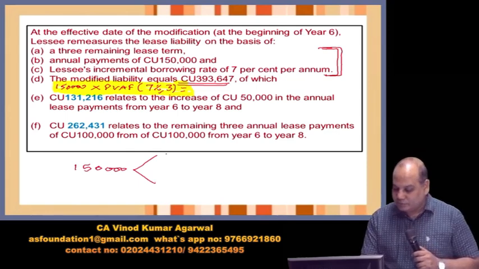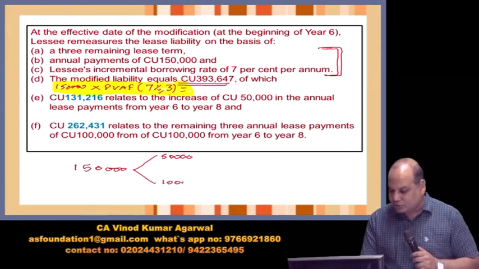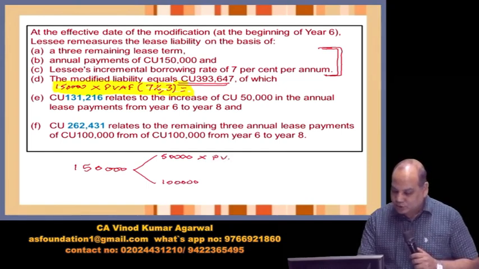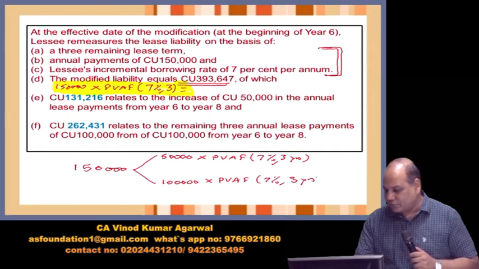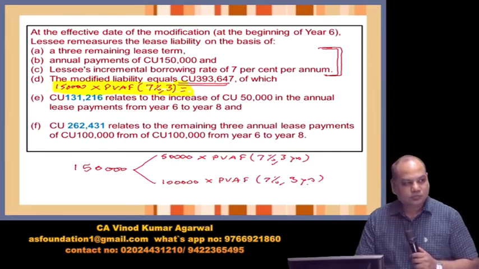One part is 50,000 increase in the scope, and the second part is for decrease in the scope, 1 lakh. This 50,000 into PV annuity factor 7%, 3 years, and this 1 lakh into PV annuity factor 7%, 3 years. Check the calculation, they have given it to you.